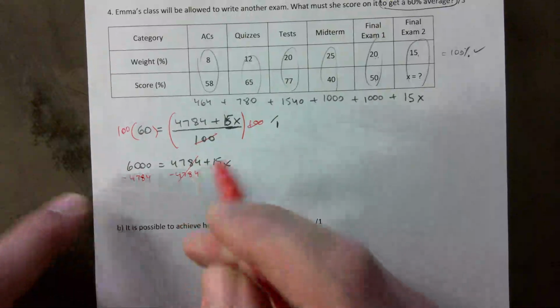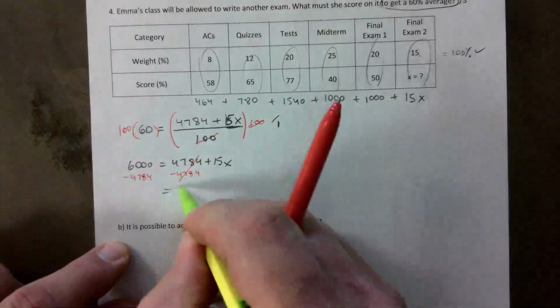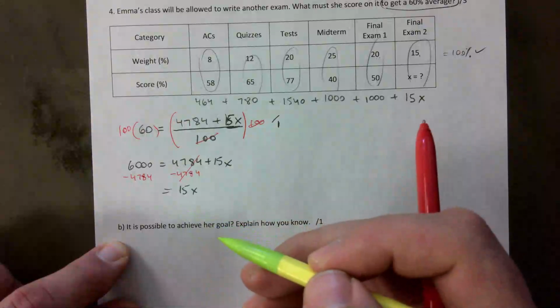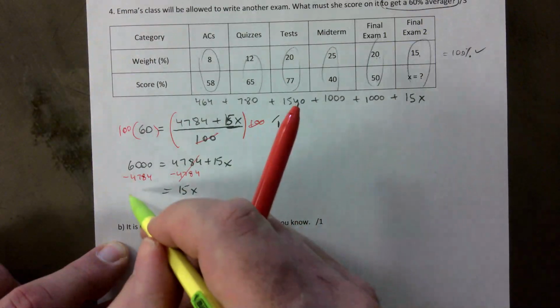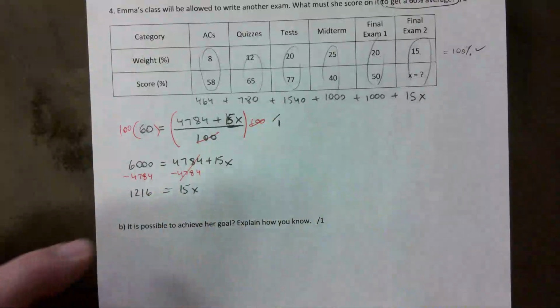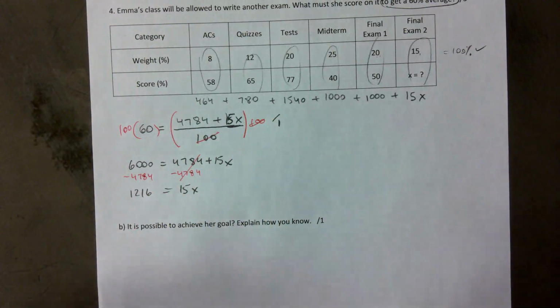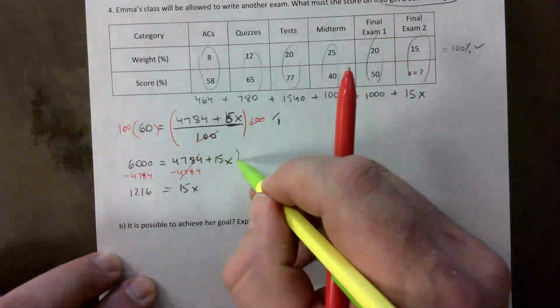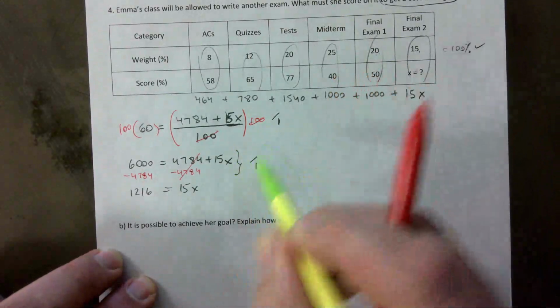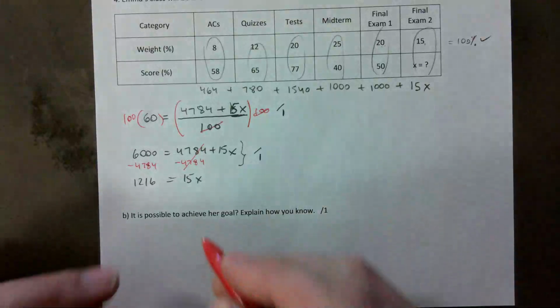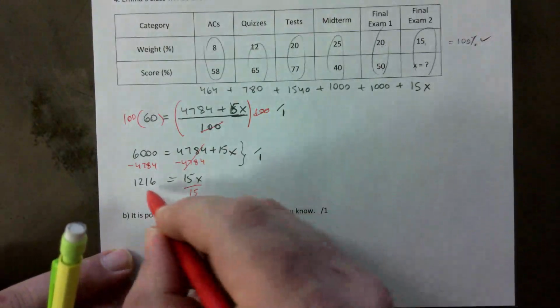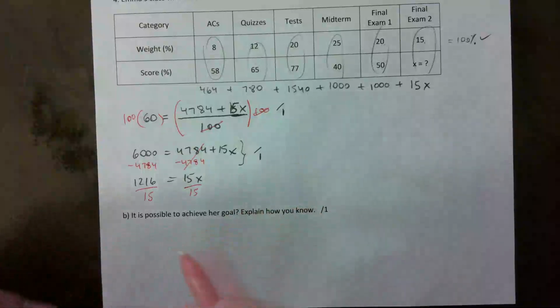That way we get to cancel. You're left with 15x. And on the other side, you're left with 1216. I would give you another mark for this step right here for subtracting. And then last but not least is we divide by 15.